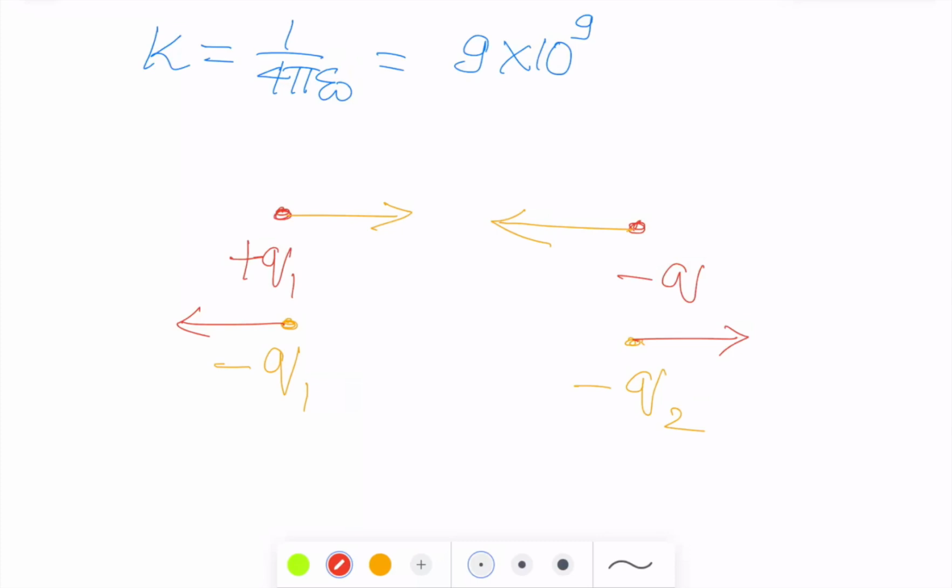Suppose you keep the charges Q1 and Q2 in a different medium other than air or vacuum.